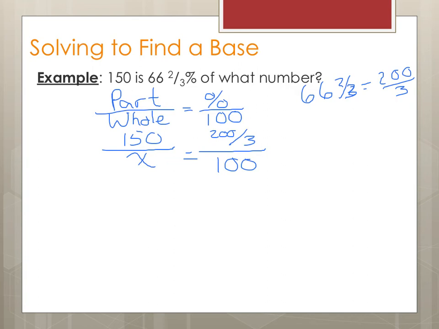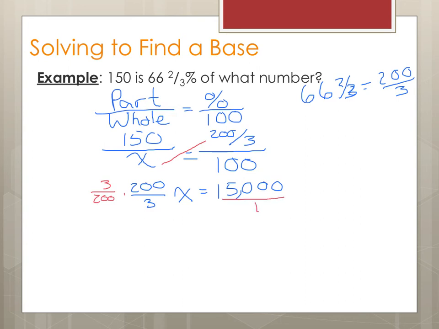Okay. We'll cross multiply. I like to do the variables first. So when we do x times 200 over 3, we'll get 200 over 3 times x equals 150 times 100. That's 15,000. Now, we'll solve for x. We could divide by 200 over 3, but we know from earlier videos it's the same as multiplying by the reciprocal, 3 over 200.